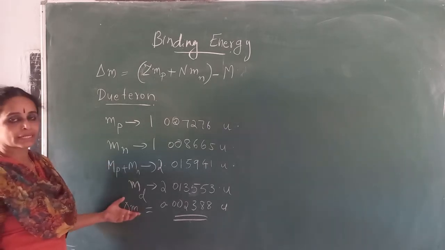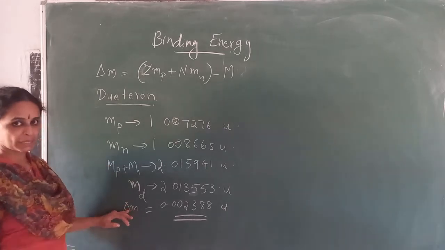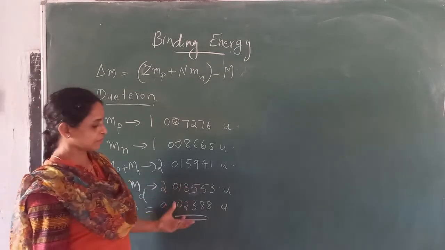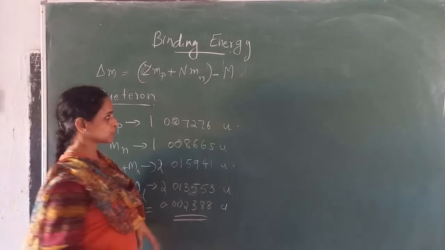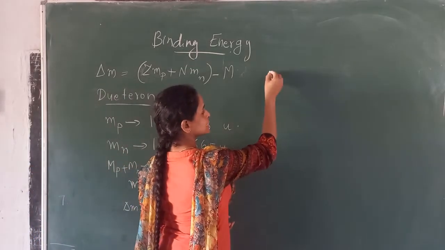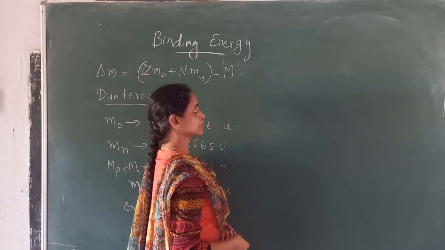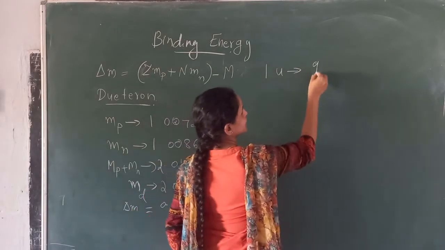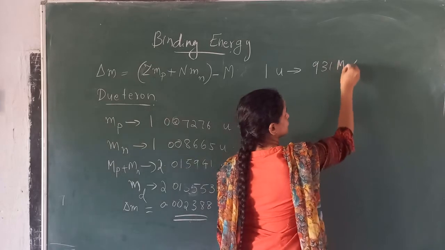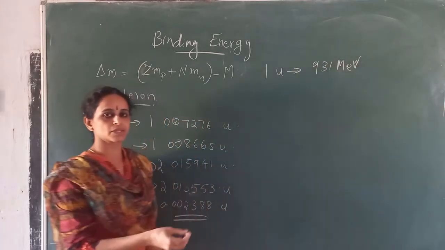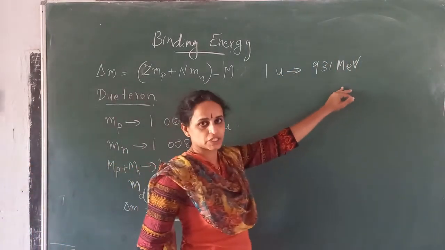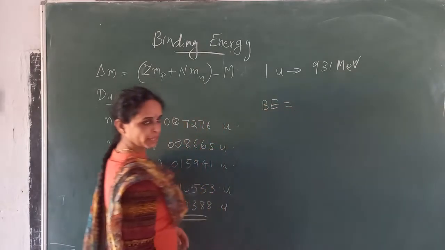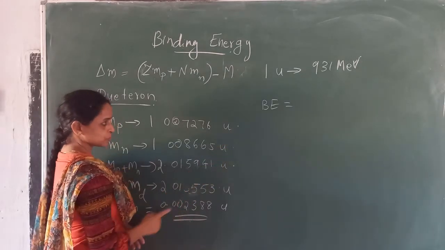the energy corresponding to this mass is liberated, so that the mass of the deuteron nucleus is somewhat less than the sum. So the energy released, or the binding energy, you can calculate here. One atomic mass unit corresponds to 931 mega electron volt. So the binding energy here is mc square, the energy corresponding to that mass.